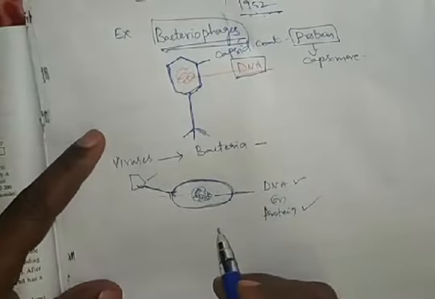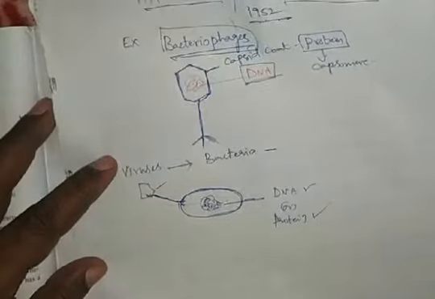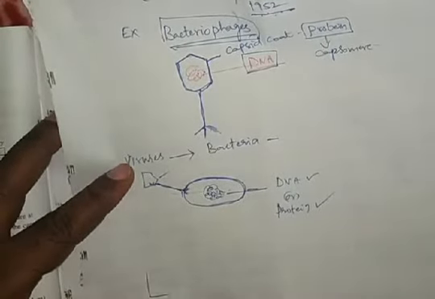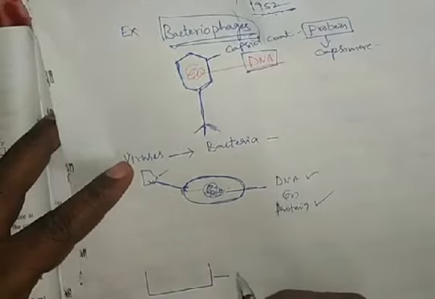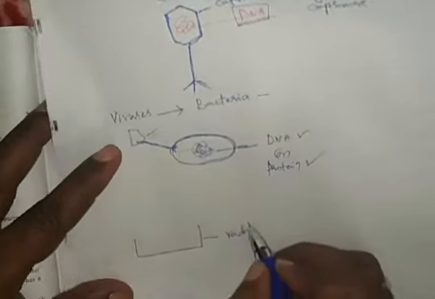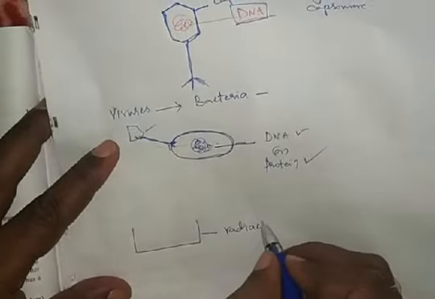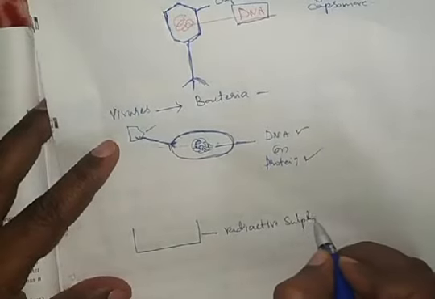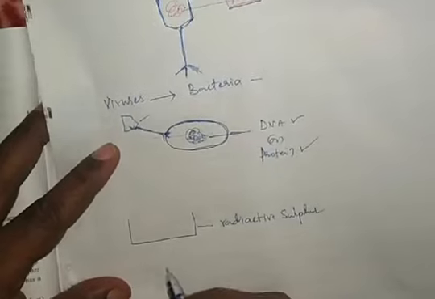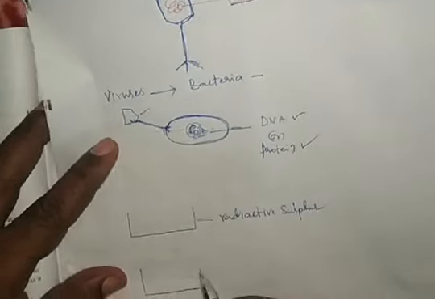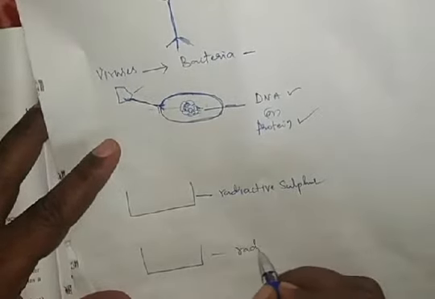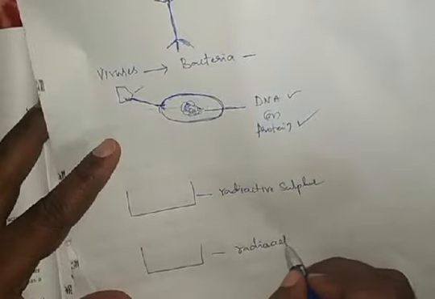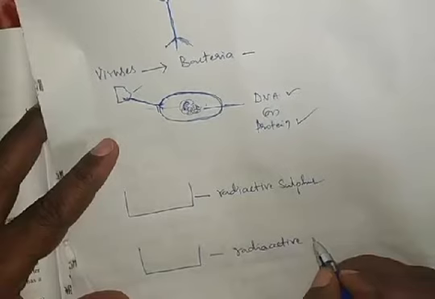For that, they took two culture mediums: one which contains radioactive sulfur, and one which contains radioactive phosphorus.